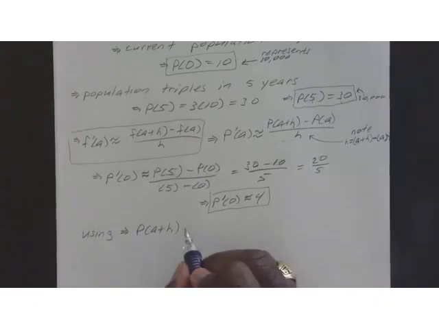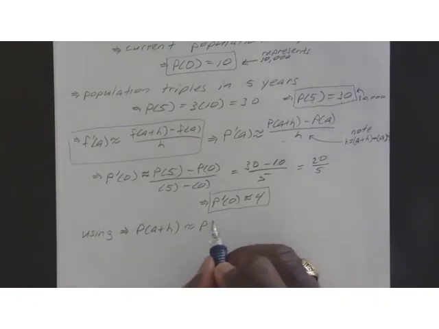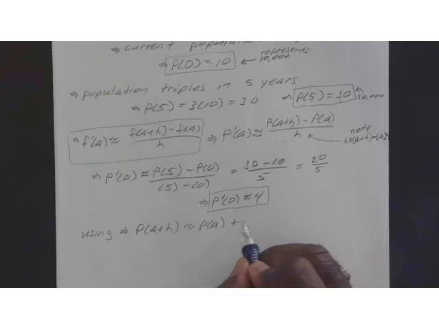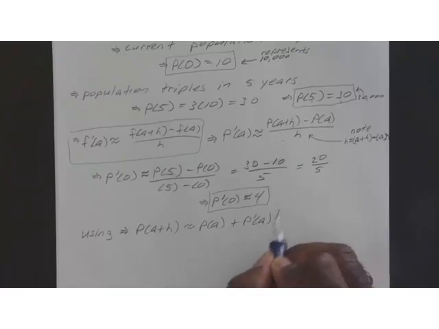So we want to find out the population after 2 years, or the approximate population. So we can actually use the fact that we know that p of a plus h is approximately equal to p of a plus p prime of a times h. And that comes from the amount of change.